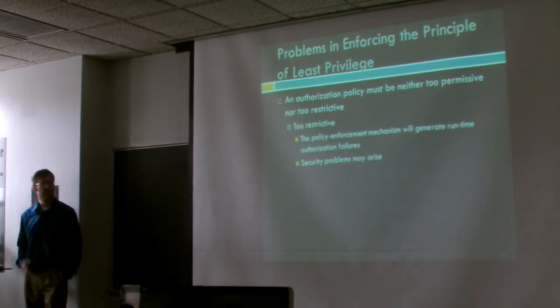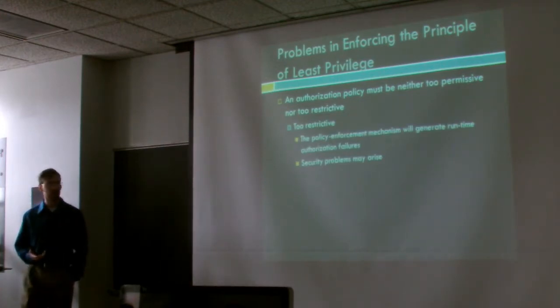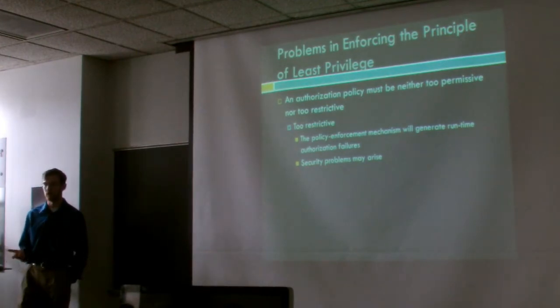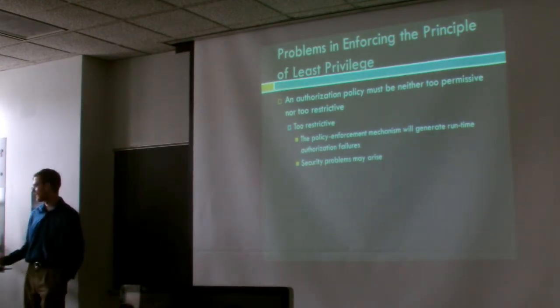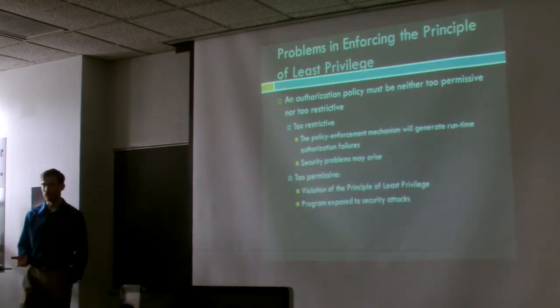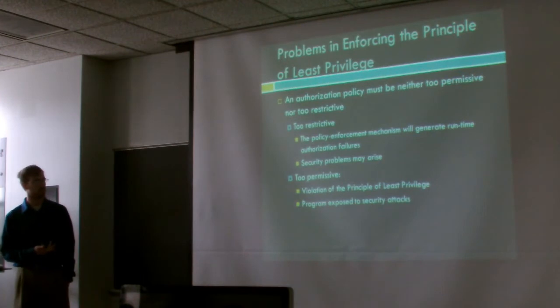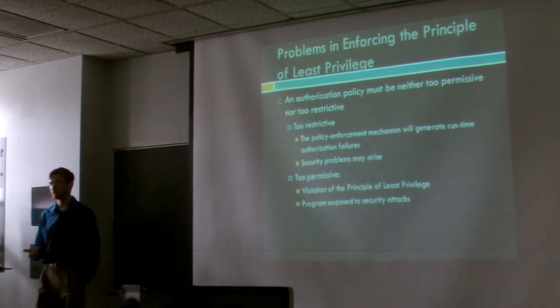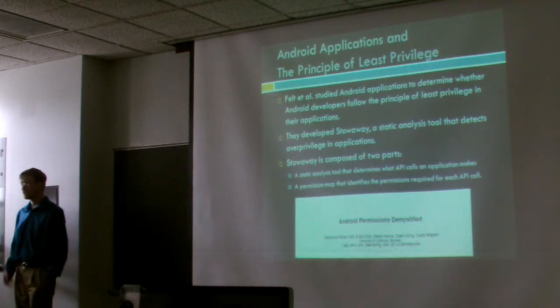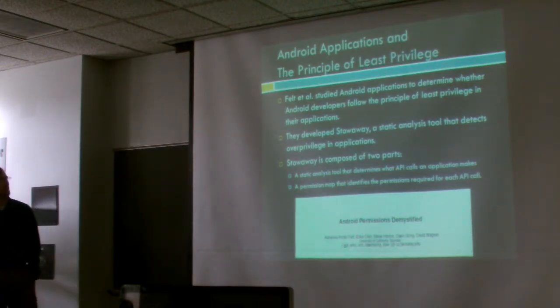There are some problems with enforcing this. It can't be too permissive or too restrictive. If it's too restrictive, your application will generate errors when it tries to access something it doesn't have permission to. You don't want it to be too permissive, otherwise it violates the principle of least privilege, and the program can be exposed to security attacks.